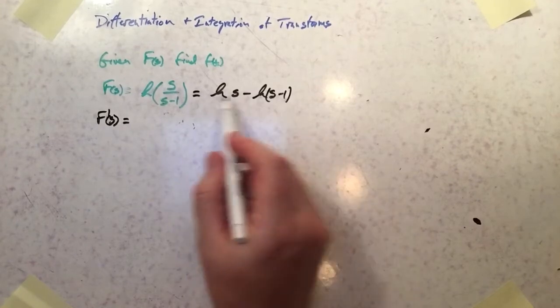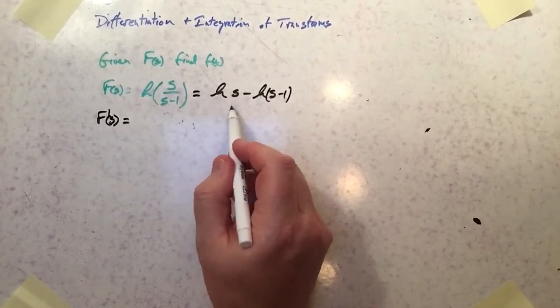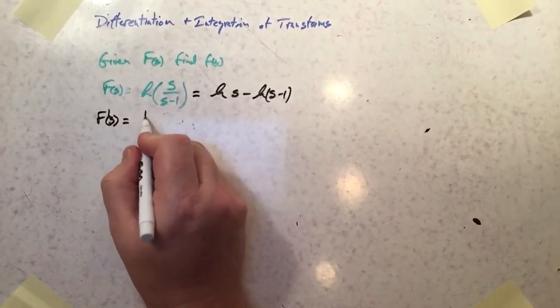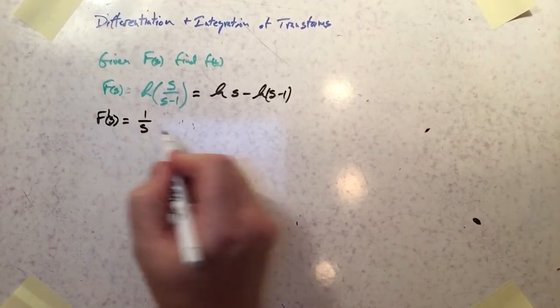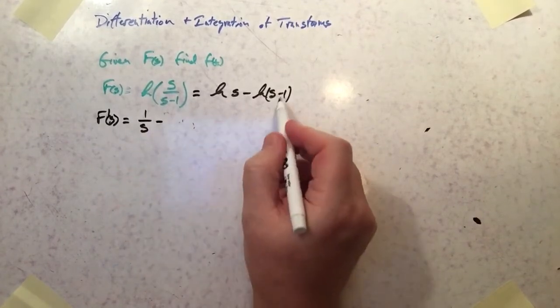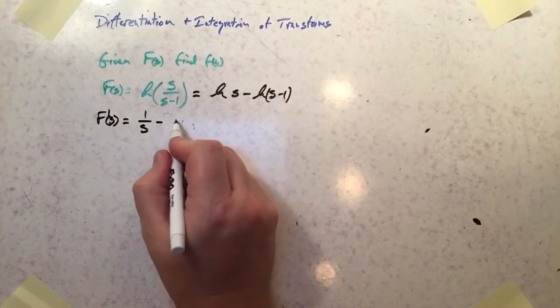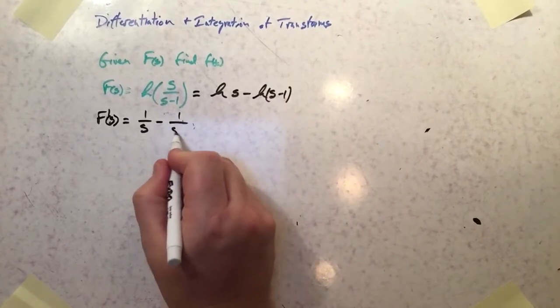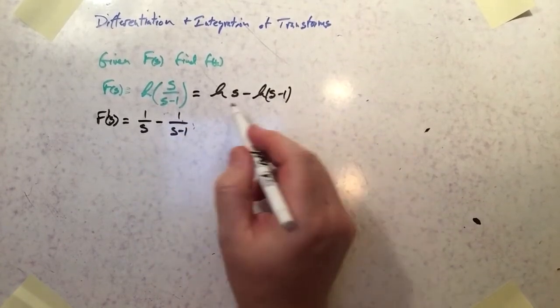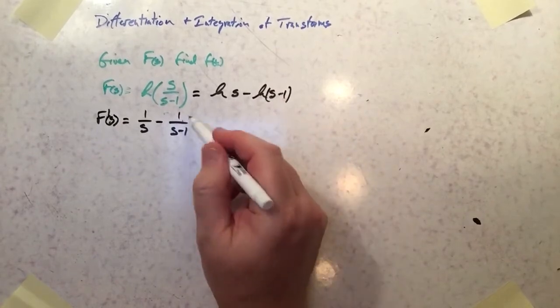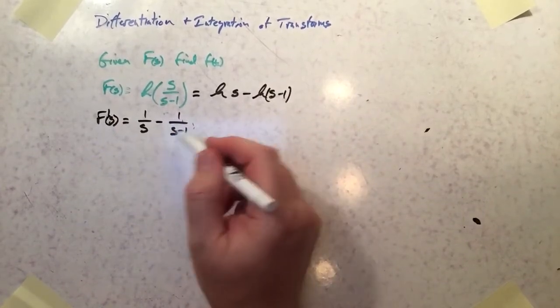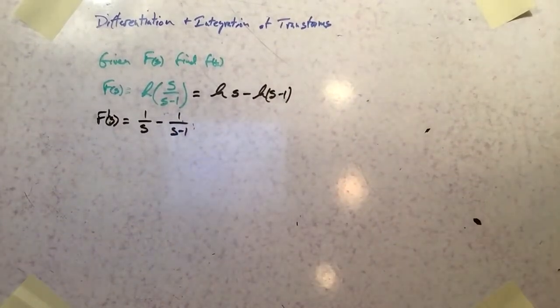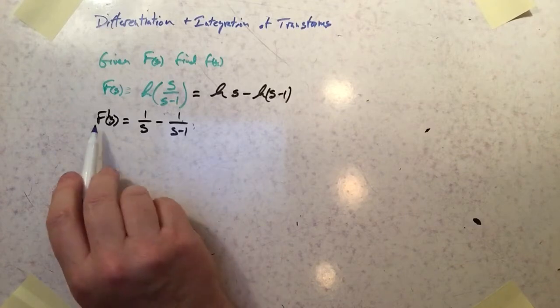So that will be the derivative, and of course the derivative of the natural log of s is just the derivative of s, which is 1 over s, minus, and the same thing here, the derivative of s minus 1 is still 1 over s minus 1. And you can see immediately that taking the derivative of this turns it into something that looks very much like a Laplace transform.